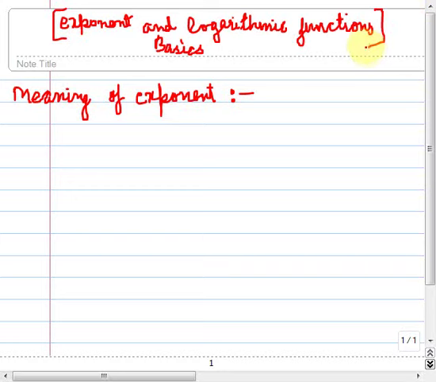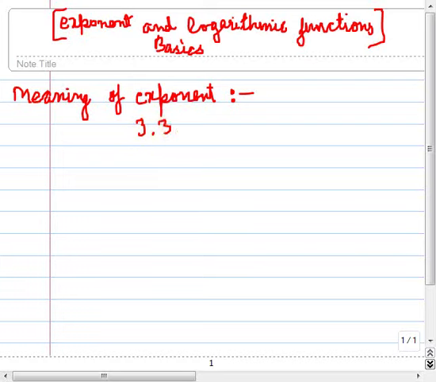Before starting the exponential and logarithmic functions, it will be good to have an understanding of the meaning of an exponent. You must have seen in your earlier classes repeated multiplications.